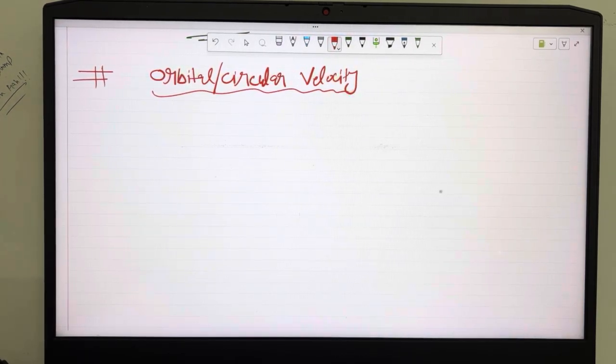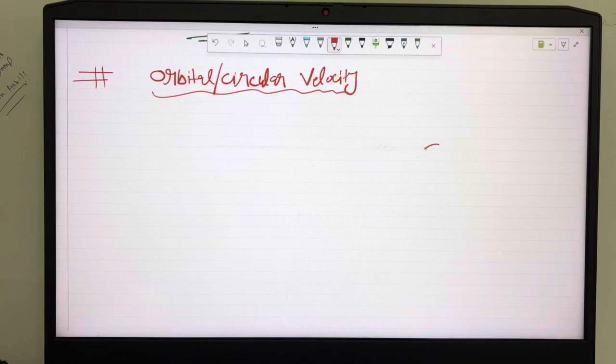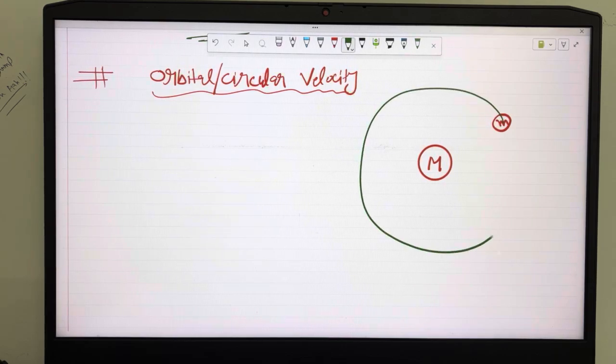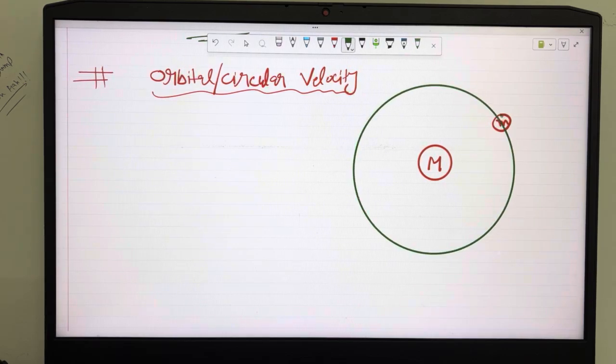See, if this is your capital mass, understand the figure. This is your capital mass and this is your small mass, suppose, and it is revolving around this capital mass in a circular orbit. Then it is having some velocity.